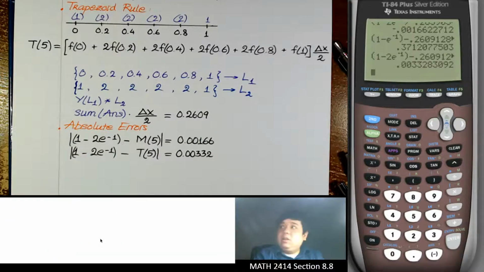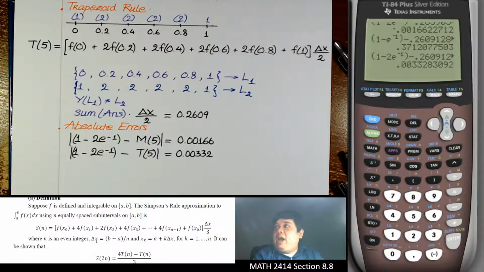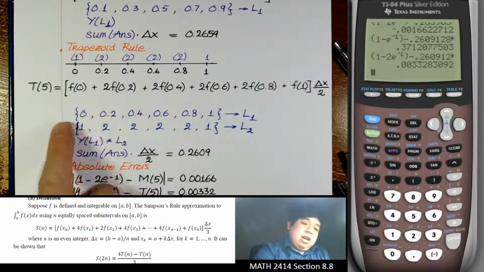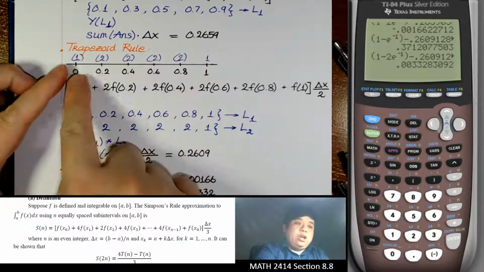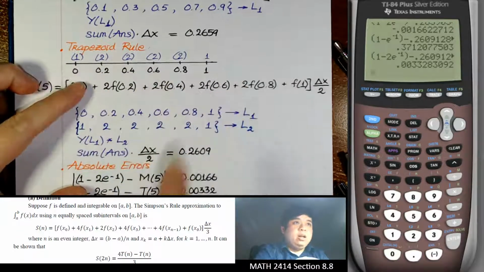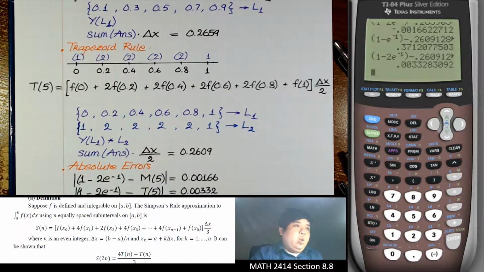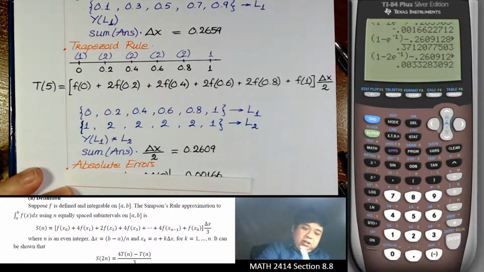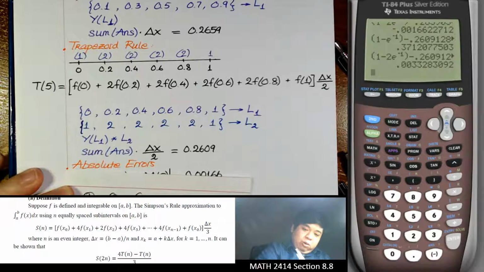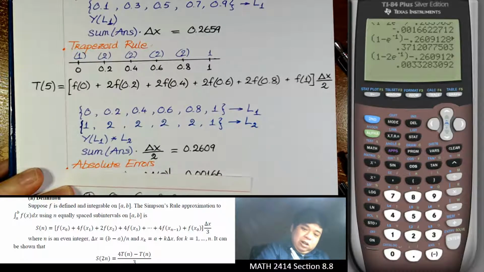The Simpson rule is still the same thing, but instead of the coefficients 1, 2, 2, 2, 2, 2, 2, 2, 1 of the trapezoid rule, the coefficients for Simpson are 1, 4, 2, 4, 2, 4, 2, 4, 1.